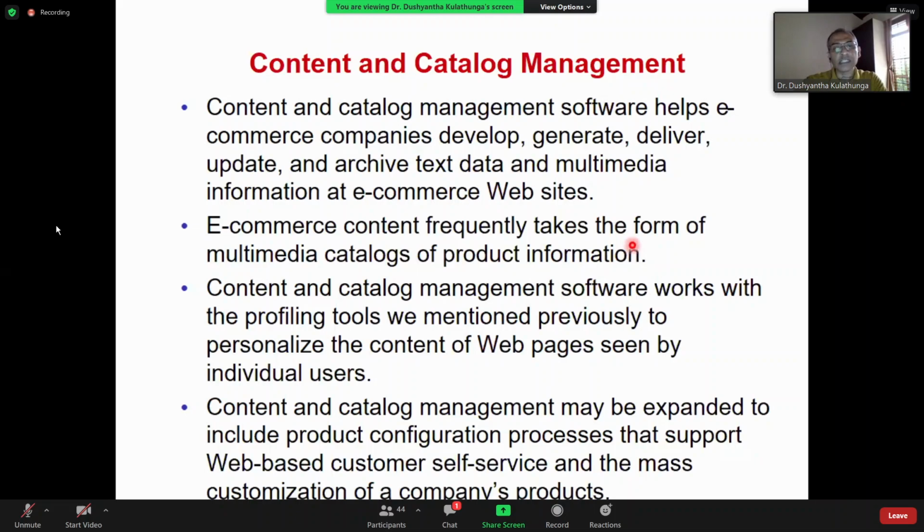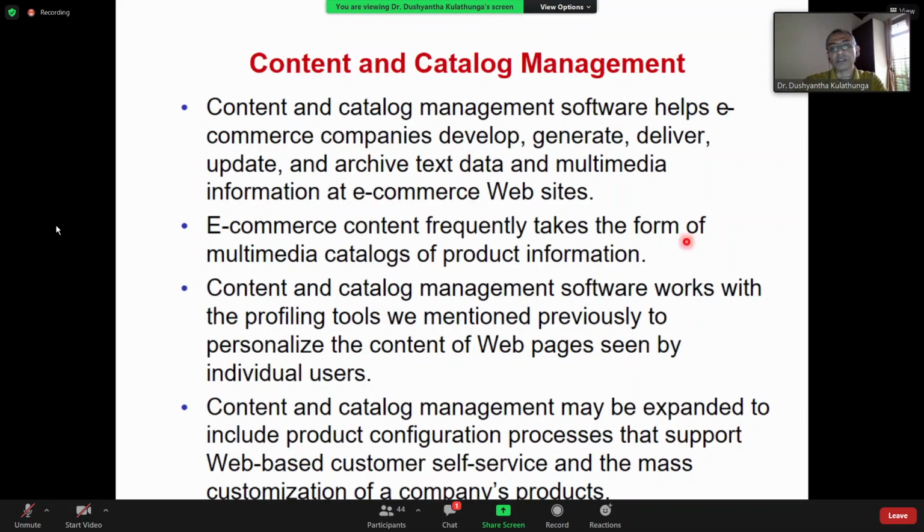Also, a 3D view can be provided if the customer requires, and also video support or video illustration can be provided to give a better understanding of the product to the customer.